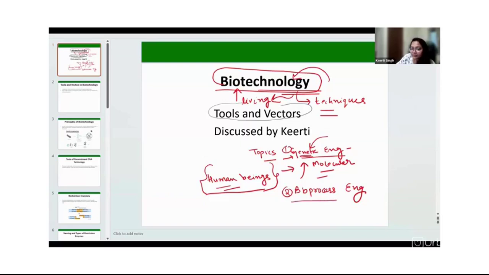And bioprocess engineering is about maintaining the sterile ambience, right? How the products that we want are going to be managed, right?